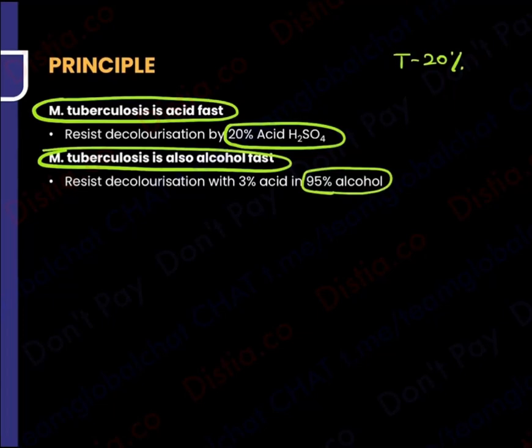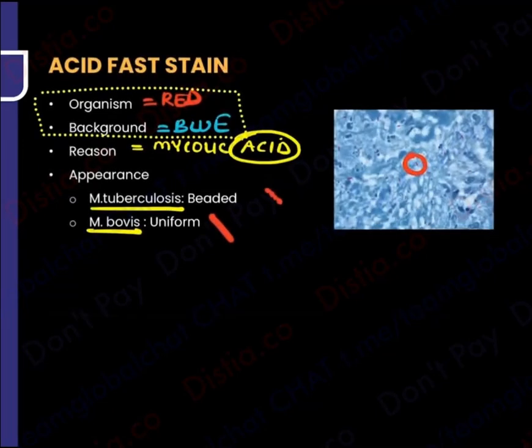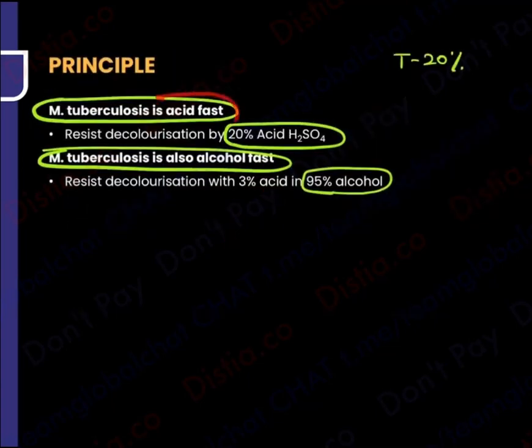When I say it is acid fast, fast matlab chalu, it is not going to give away its color. Once it gets the red color, it will say, I will keep my red color. You put acid on top of me, you put any alcohol on top of me, mera red color to rahega. That is what is acid fast. So whether you call it acid fast or alcohol fast, it's both.